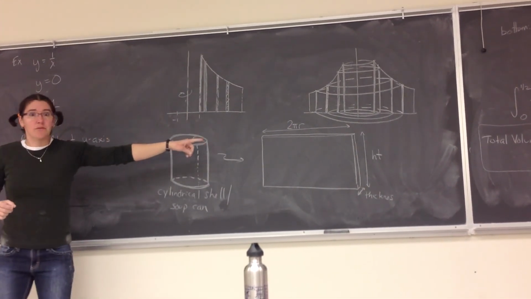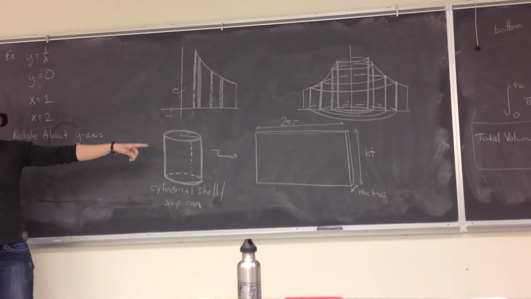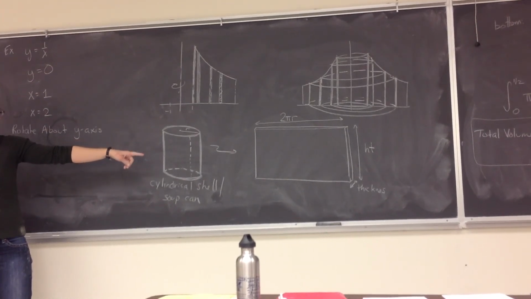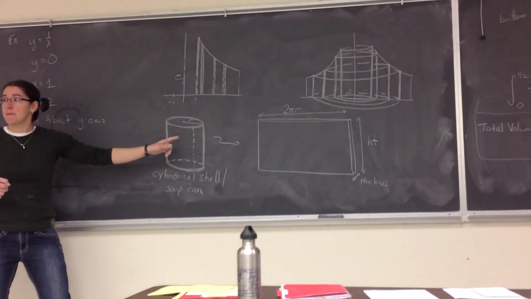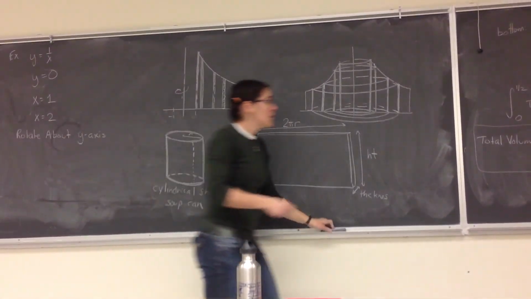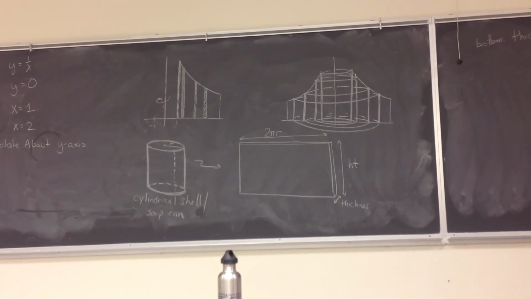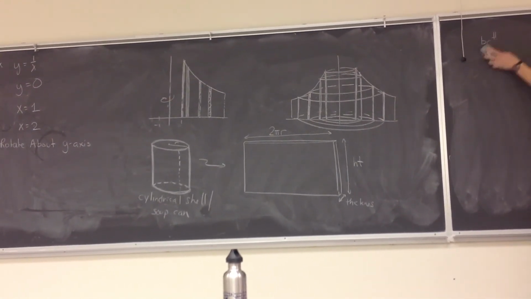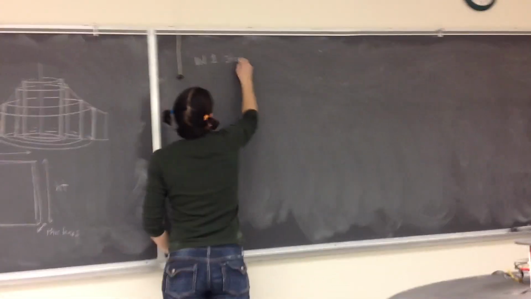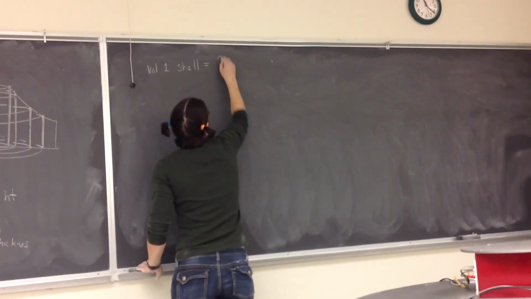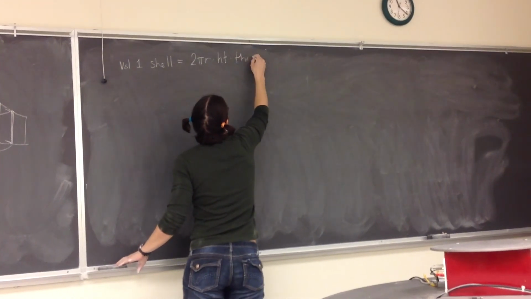So I now have the 3 different dimensions on this slab. Are there any questions about where those dimensions come from? Either the height, the thickness, or 2 pi r, which is the circumference of my shell. Okay? Alright, so since the volume of any kind of slab like that is length times width times height, we can conclude that the volume of one shell is going to be 2 pi r times the height times the thickness.